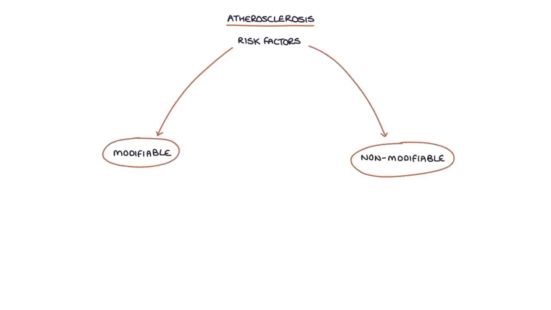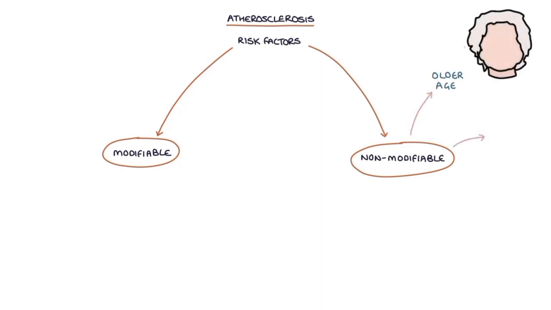Let's talk about the risk factors for atherosclerosis. It's important to break the risk factors down into modifiable and non-modifiable risk factors. We can do nothing about the non-modifiable risk factors, but we can do something about the modifiable ones. The non-modifiable risk factors for atherosclerosis are older age, family history, and being male.